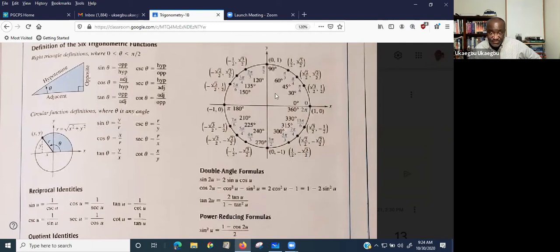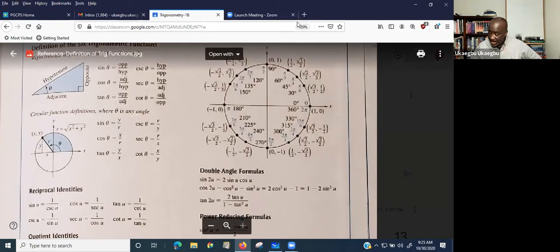If the radius is 4 as they describe, all you need to do is multiply each of these coordinates by 4, and that's it. So now let me go back to the screen.